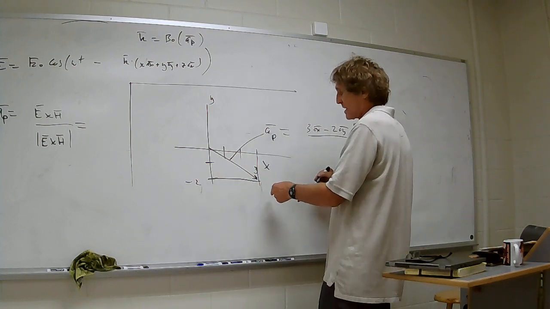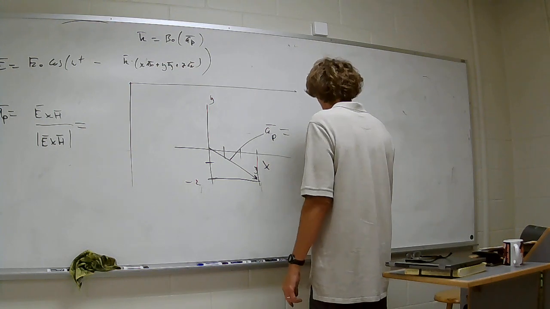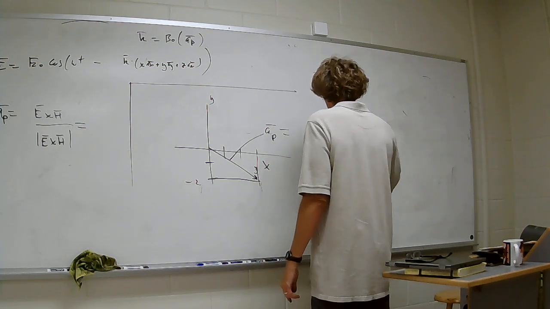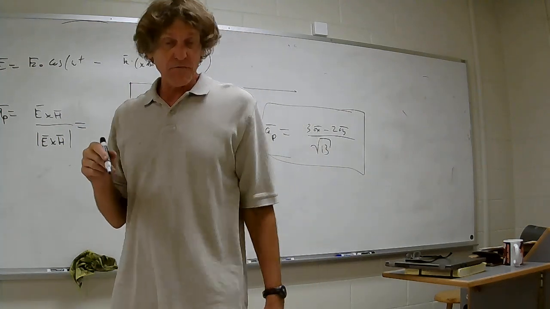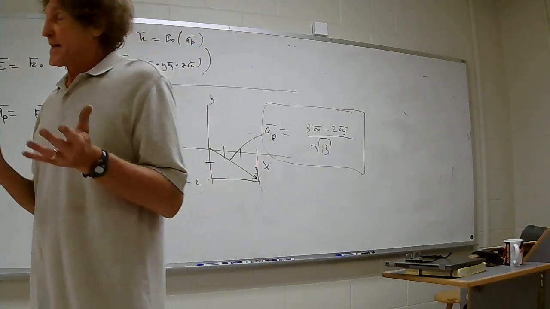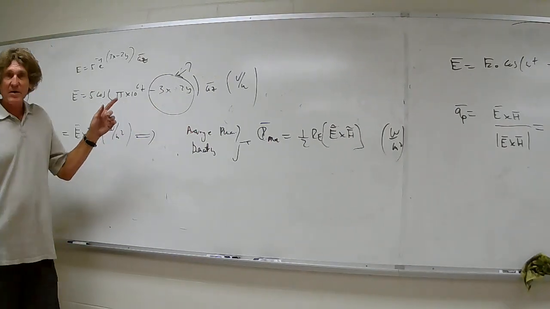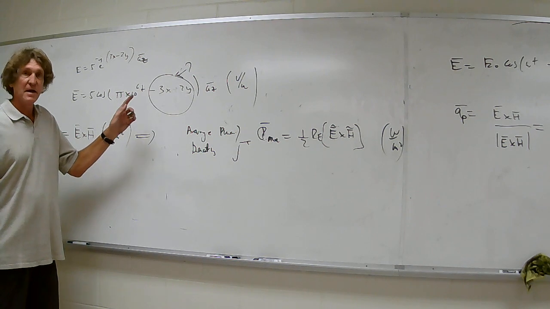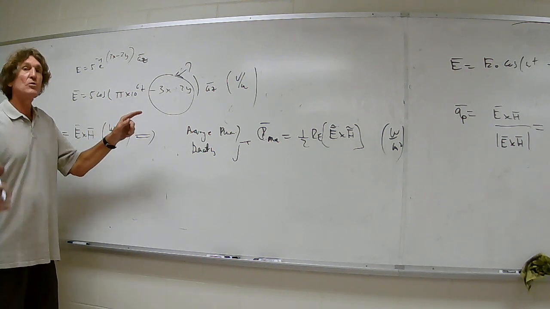The magnitude is 9 and 4 is 13, so the square root of 13. So that's a unit vector in the direction of propagation. Can you all follow me on this? Yes. Just work with me. And again, the way I always do these, it doesn't matter how many terms there are. It could be x, y, and z. Take the coefficients of x, y, and z and alter the signage.